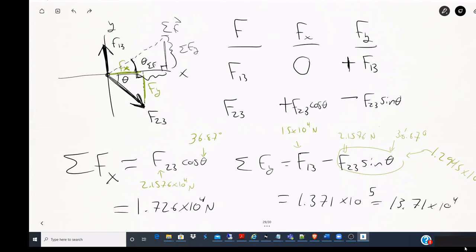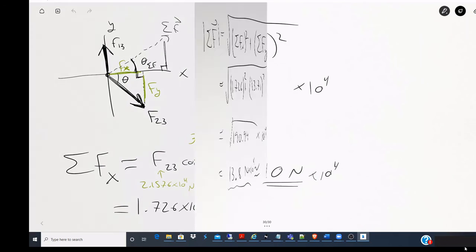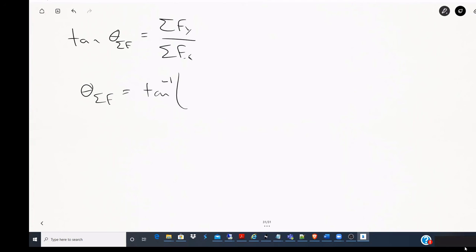So to get the angle for the net force, the tangent of the angle is the sum of the forces in the y direction divided by the sum of the forces in the x direction. That means the angle for the net force is the tangent inverse of that ratio. That's the tangent inverse of what exactly?